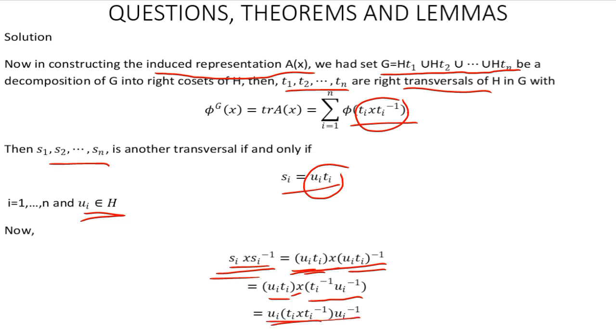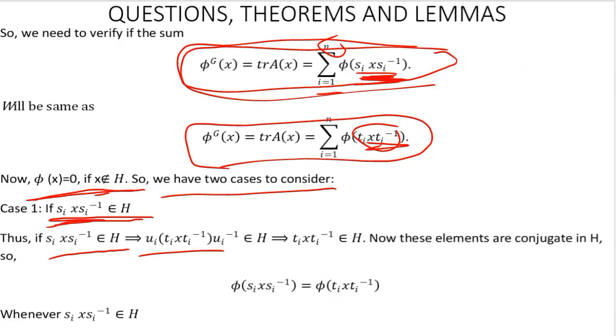So now we are trying to check what happens if s_i inverse lies in H. If it lies in H, it means the entire term which we got earlier lies in H, meaning that this term in the middle lies in H, right? That's how I got this one here. So if that is the case, whenever I take the phi of s_i inverse, it will be the same as phi of t_i inverse.